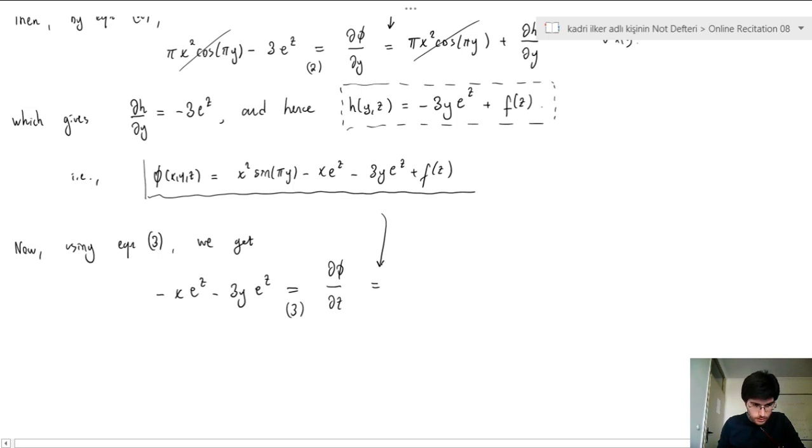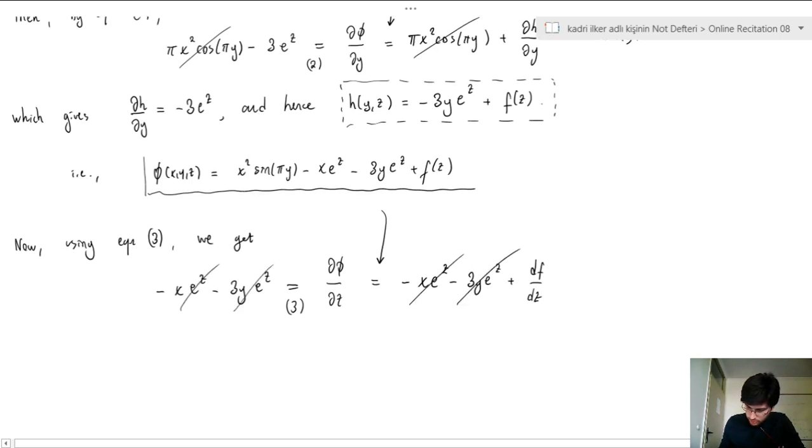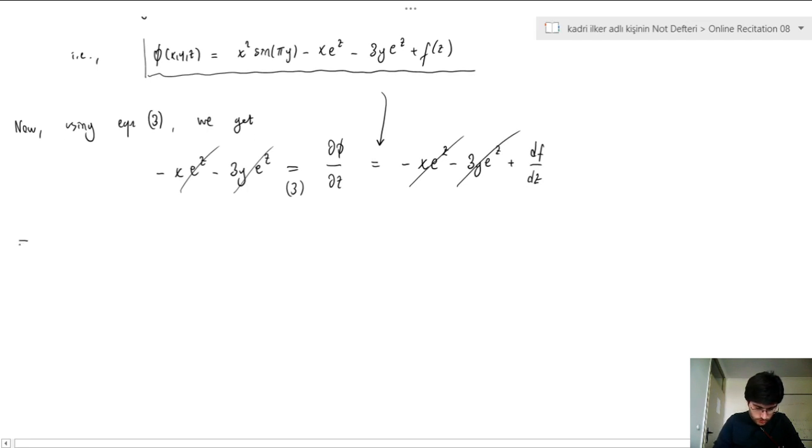Just apply it here, differentiate with respect to z, so we have something like this, plus df dz. So these all cancel out each other. So what does it tell us? df dz should be 0.